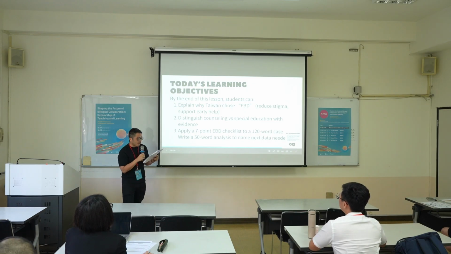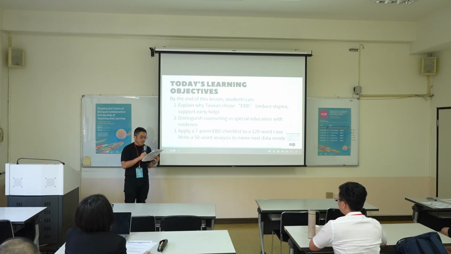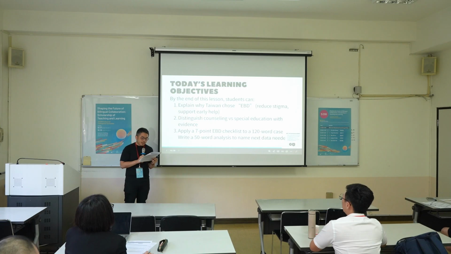By the end of the lesson, students will achieve 3 main goals. First, they will be able to explain and justify why Taiwan adopted the term emotional and behavioral disorder, focusing on how it reduces stigma and encourages early support. Second, they will learn to differentiate between students who may only need counseling and those who meet the criteria for special education services.